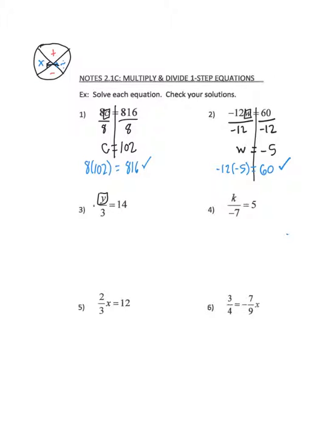So if I have divide by 3, I'm going to multiply by 3. 3 divided by 3 is 1, so I'm left with 1y on this side. 14 times 3 gives me 42. Okay, let's plug that in. 42 divided by 3. Plug that into my calculator to check, and I get 14.